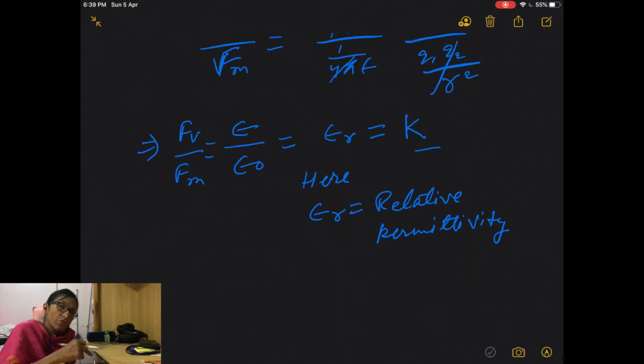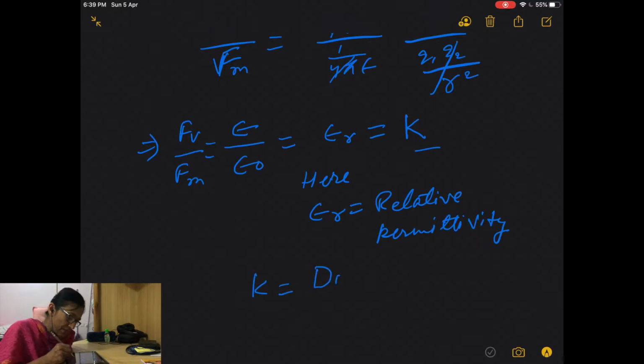The electrostatic force constant is small k and the dielectric constant is capital K.